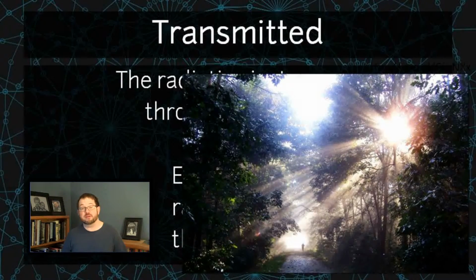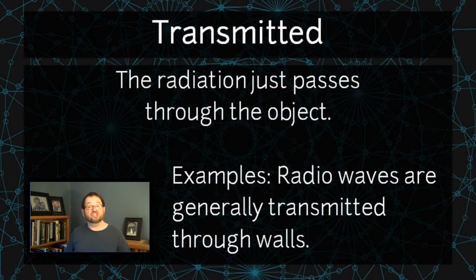For example, ultraviolet radiation is not well transmitted by some gases in the atmosphere, like ozone. Ozone is a gas that absorbs ultraviolet radiation, but we're going to talk about that more in just a few minutes. But that's a good example of transmitted. So, sunlight is transmitted through the atmosphere so that it can pass through the atmosphere and reach the surface of the Earth. Radio waves are, in general, transmitted through walls.